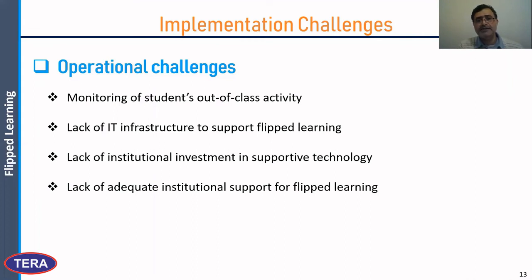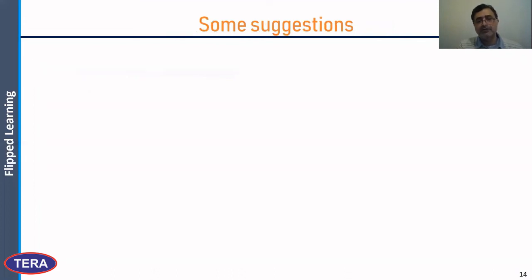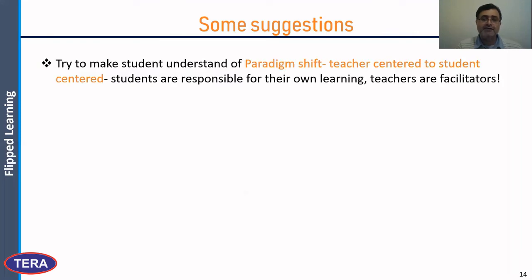After having discussed these challenges, there are a few points which I would like to share as suggestions. What else can we do to promote flip learning? The first and foremost, try to make the students understand the paradigm shift from a teacher-centered to a student-centered approach.